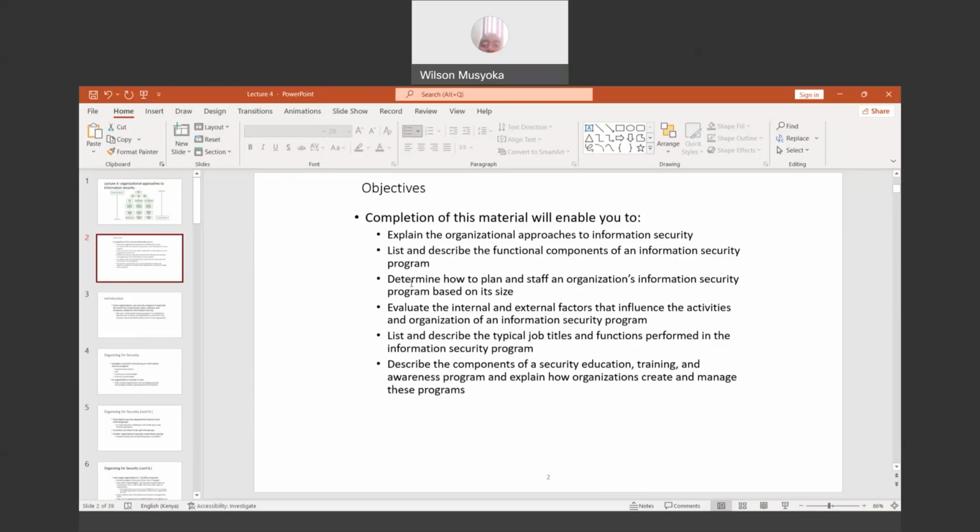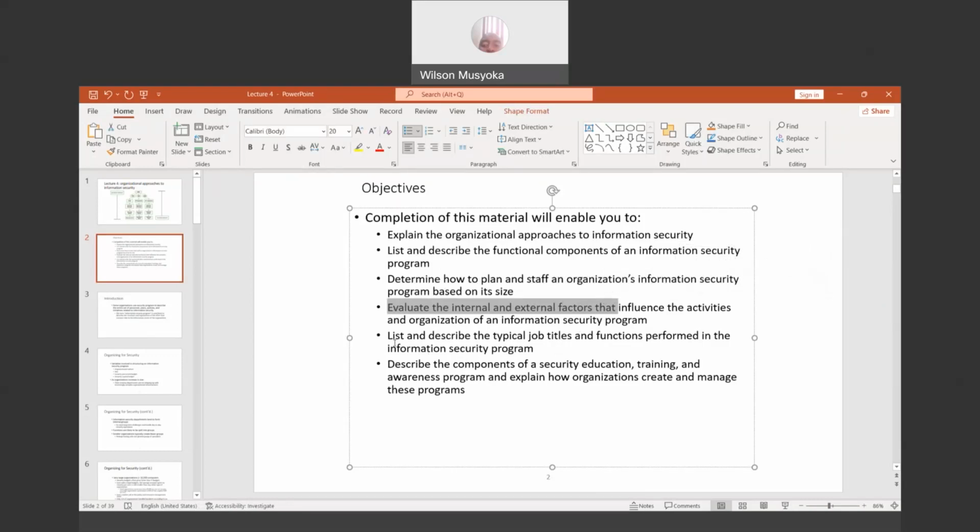You can also determine how to plan and staff an organization's information security program based on its size, because organizations are going to be different in terms of size. You can also evaluate the internal and external factors that influence the activities and organization of the information security program.